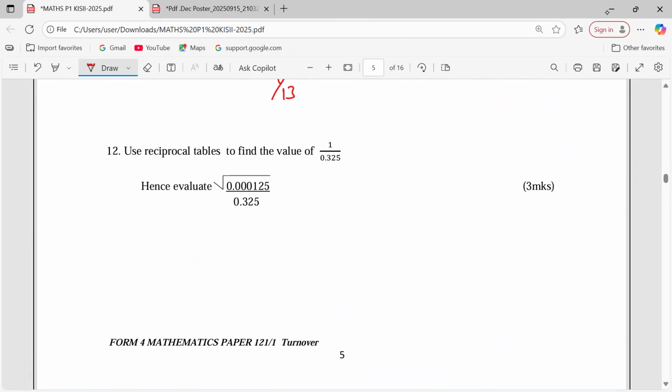Use reciprocal tables to find the value of 1 divided by 0.325. That is reciprocal tables.